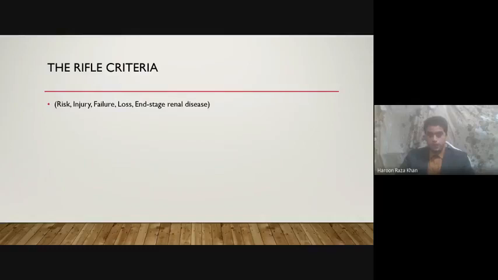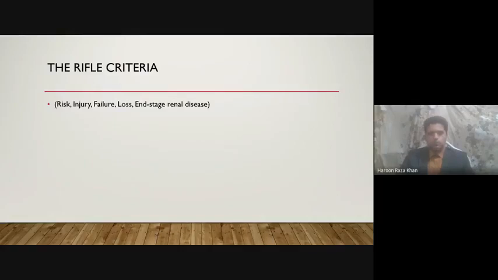So what I have just described here is the rifle. R risk, I injury, F failure, L loss, E is for end stage kidney disease, and how the creatinine level affects or predicts what type of injury it correlates to. Similarly, the urine output criteria is measured in the same way.